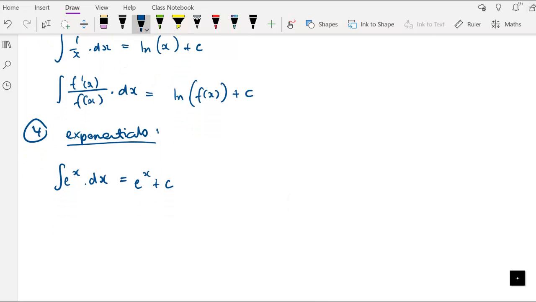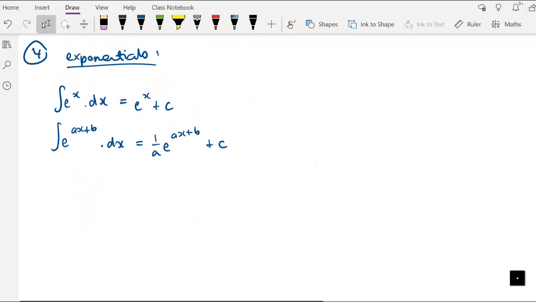When we throw in that linear factor again, this time in the power, so e to the power of ax plus b dx, it will be 1 on a, e to the power of ax plus b, plus c. So it only differs by the coefficient of that linear term.